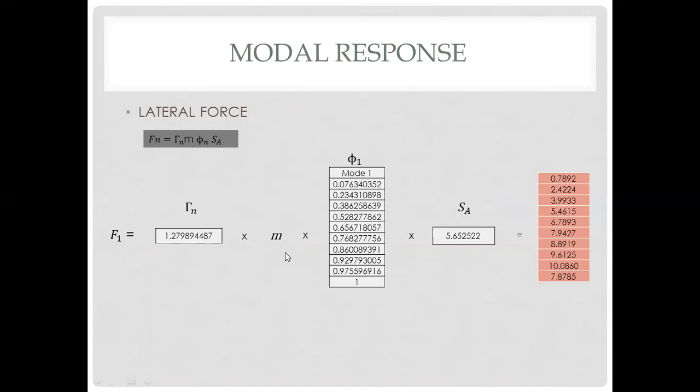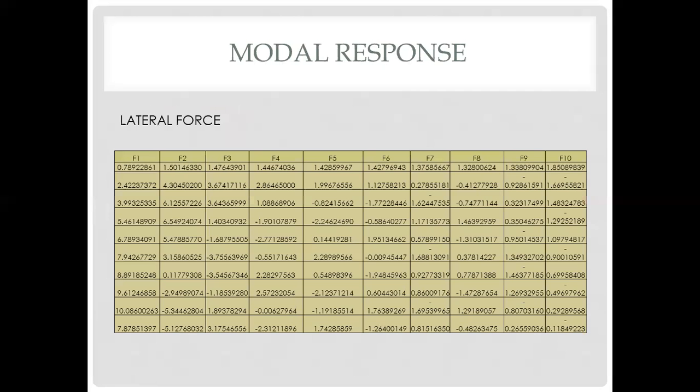Tapos, multiply natin sa mass, then the eigenvector mode 1, and the spectral acceleration. So, ito na yung results ng lateral force for mode 1. So, repeat lang yung process. Then repeat lang natin yung process from mode 2 hanggang mode 10.